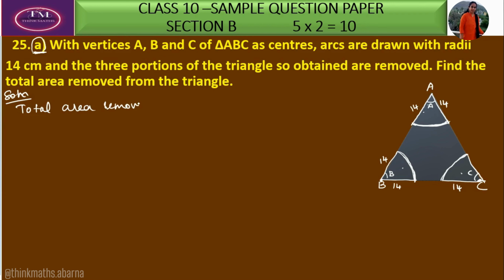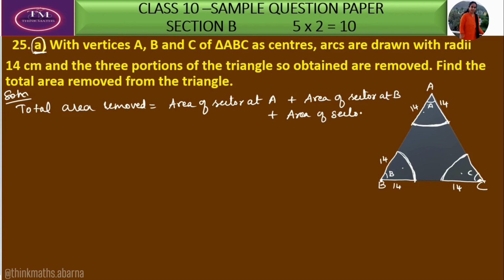So total area removed equal to area of sector at A plus area of sector at B plus area of sector at C.